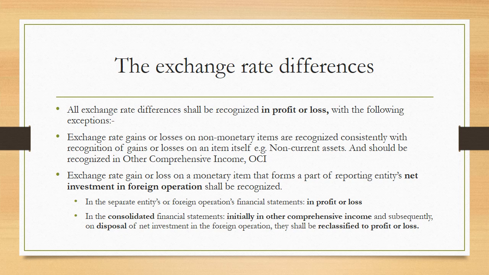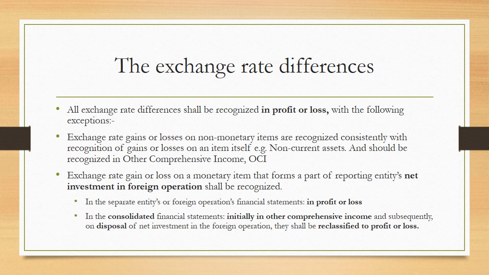So, the exchange rate differences. All exchange rate differences shall be recognized in profit or loss with the following exception. The exchange rate gains or losses on non-monetary items are recognized consistently with the recognition of gains or losses on the item itself.